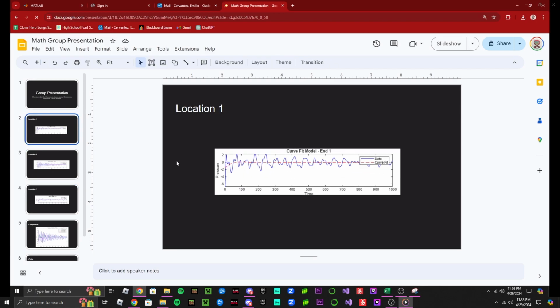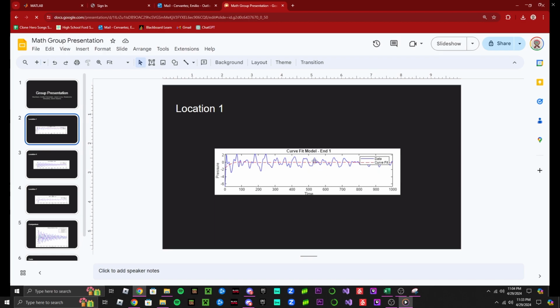Alright, so for our project, as he said, we're comparing the three locations, and as you can see from our first location here, location 1, we have the original data compared to the curve fit line, which is the red dashed line there.